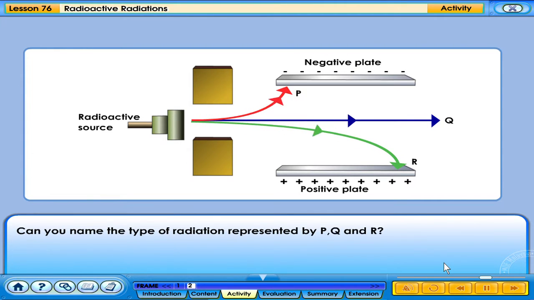Can you name the type of radiation represented by P, Q, and R?